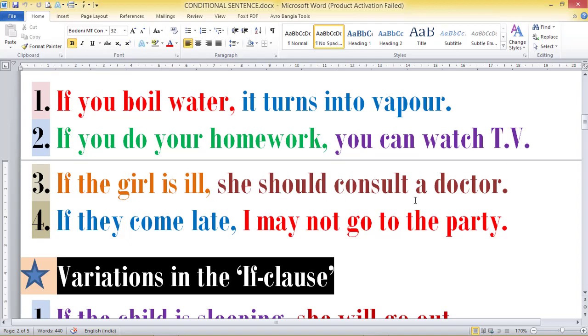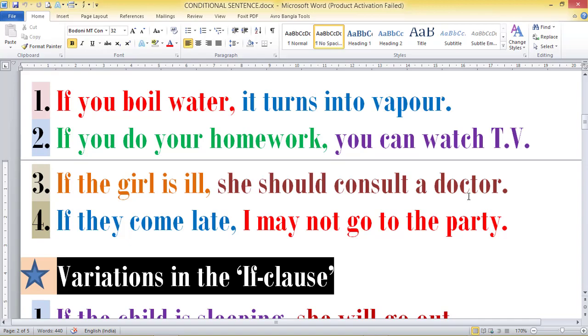We have used, after the subject, the modal verb should plus the bare infinitive, that is the first form of the verb, consult. So to express suggestion, we have used should. So this is possible in case of conditional sentence type 1.